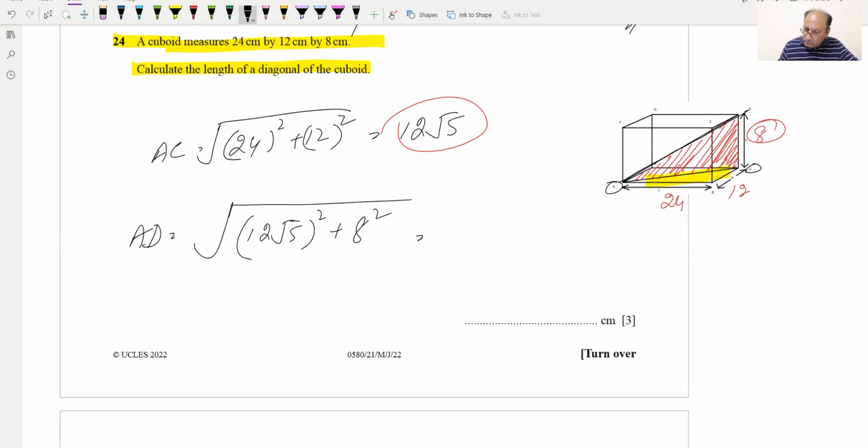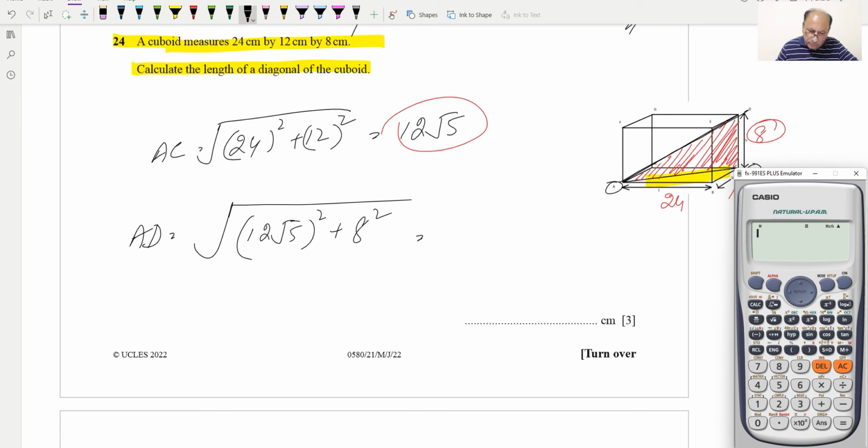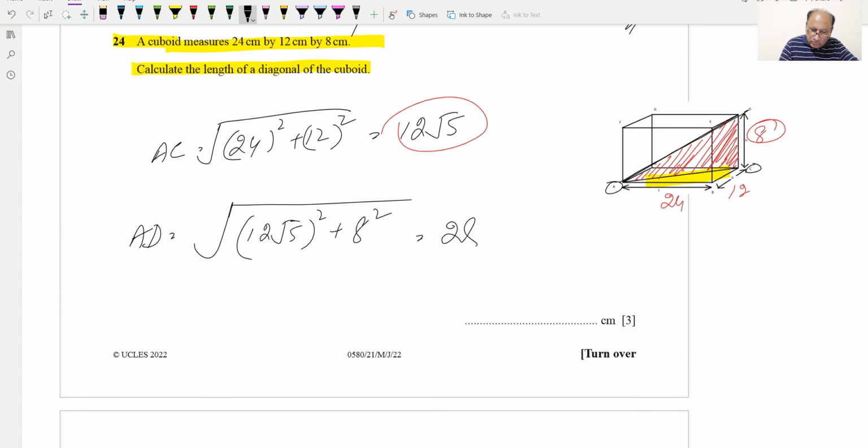If we use a calculator, we need to use brackets over here and over here, and this will be squared plus 8 squared, and this will be equal to 28. So 28 will be our final answer for 3 marks.